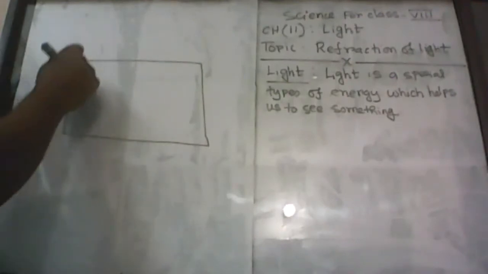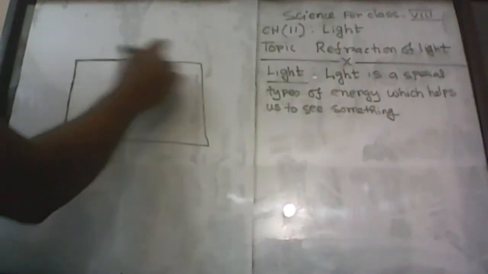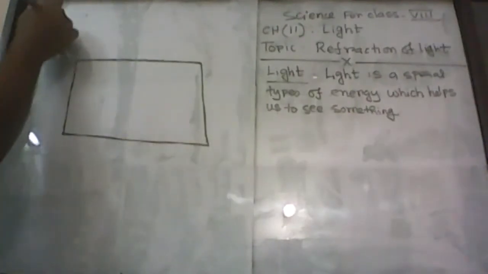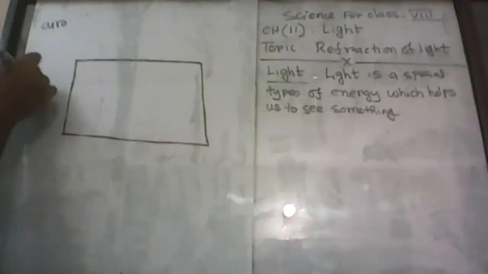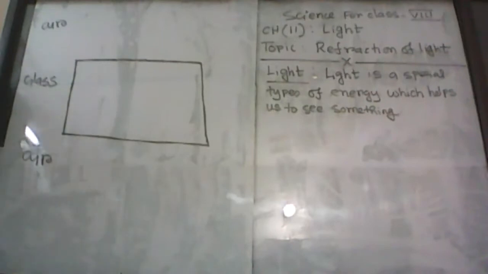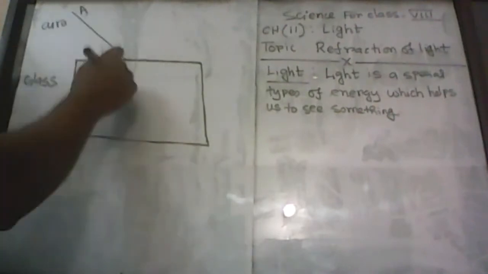If I make it more bold, I can say that this is air medium, this is glass medium, and this is also air medium. Suppose from air medium, a ray of light is incident on the glass plate, just like this particular direction, from point A at point O.